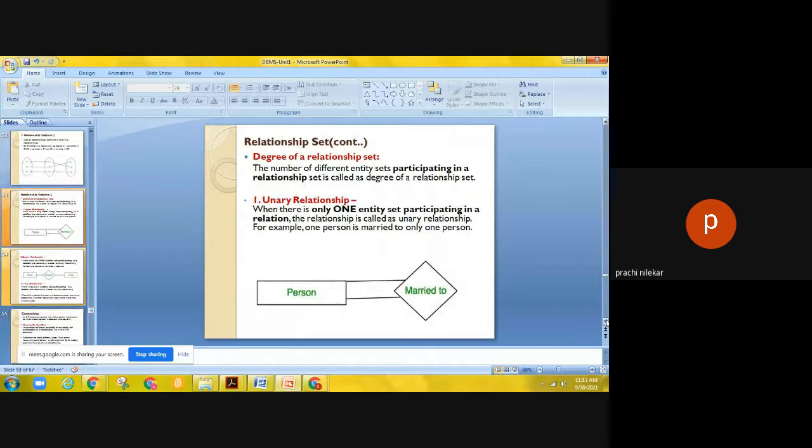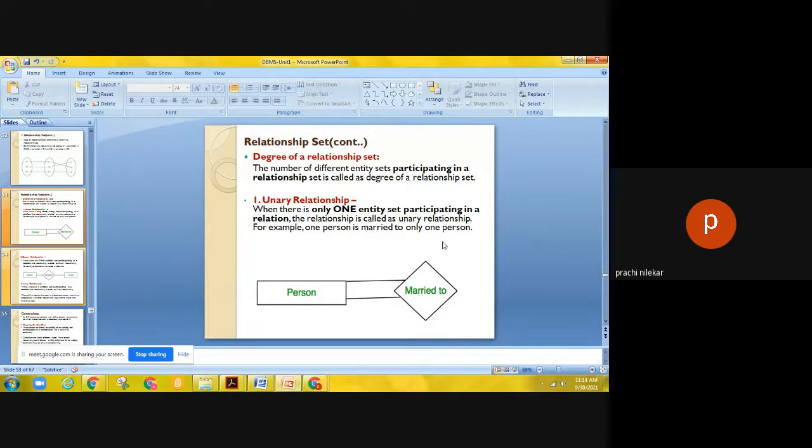Then the degree of a relationship set is nothing but the number of different entity sets participating in a relationship. It may be a unary relationship if one entity participates in the relationship.